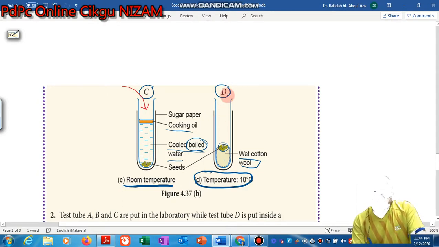And boiling tube D, we have water because of the wet cotton wool. We have air that can enter into the boiling tube, but we put it into the cold temperature that is 10 degrees Celsius.